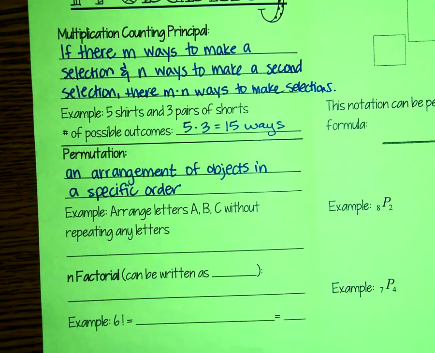An example of this would be, I want to figure out how many different arrangements of the letters A, B, and C I can have without repeating any of the letters.